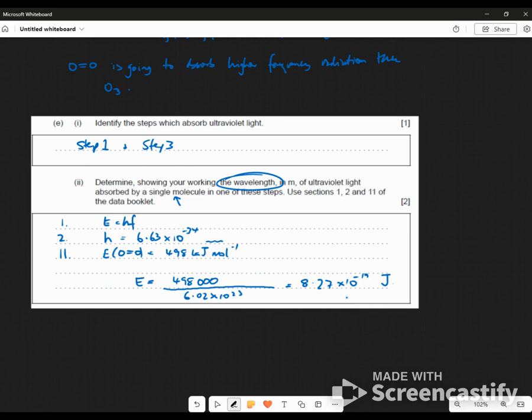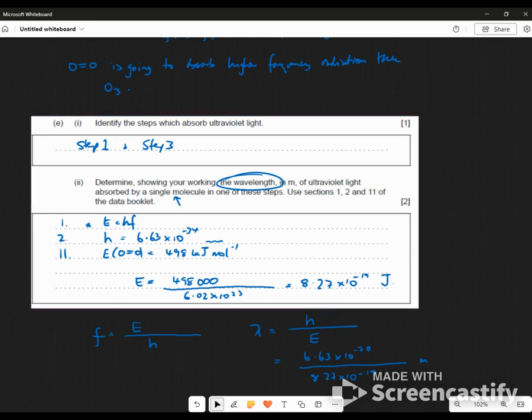Now, rearranging this equation, we get frequency is equal to energy divided by Planck's constant. However, we don't want the frequency, we want the wavelength. So the wavelength is going to be the reciprocal of this, so it's going to be Planck's constant divided by the energy. Planck's constant is 6.63 times 10 to the minus 34 divided by 8.27 times 10 to the minus 19, and that's going to give me a wavelength in meters.